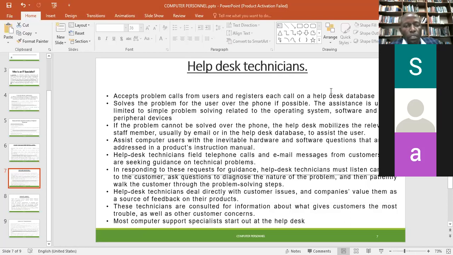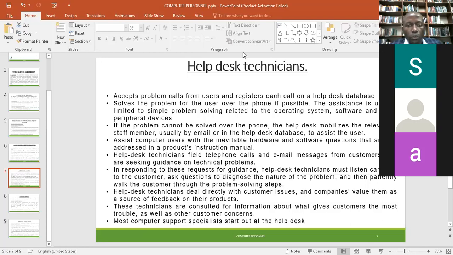Most companies have a system that they use. It is a database they use to register problems from outside. All problems, every morning, every week, are taken to the IT department. But when they call, who is the first person to receive that?